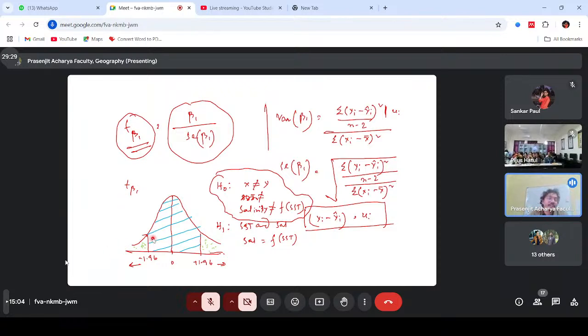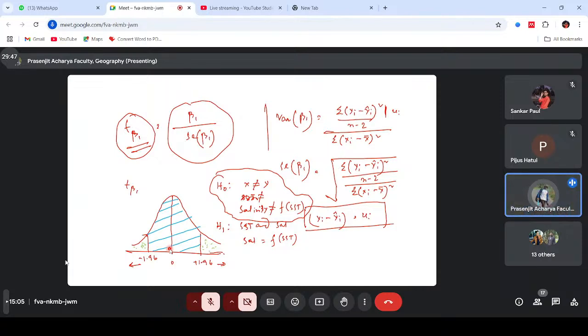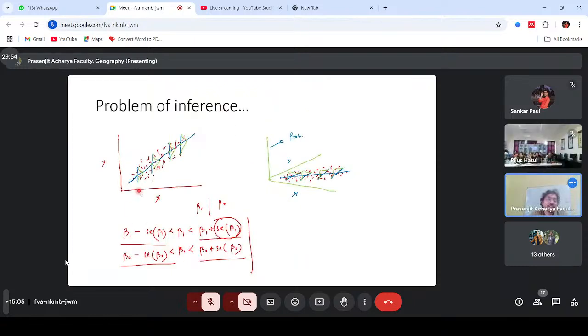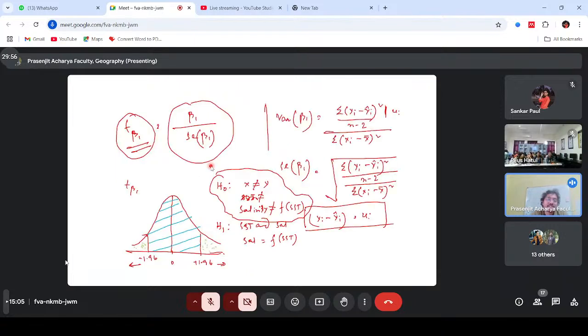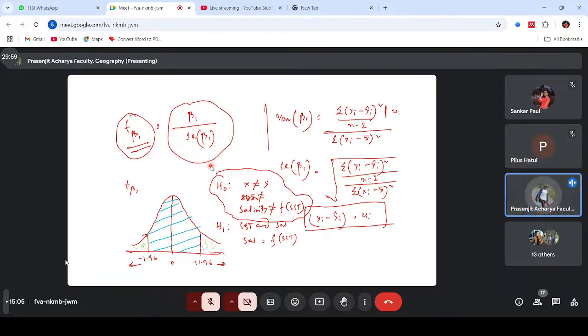If the probability value corresponding to the t value is less than 0.05, which is the standard statistical significance level, that is, if your p-value is less than 0.05, you say that whatever I estimated through this sample regression function is statistically significant, that is, significantly different from zero.